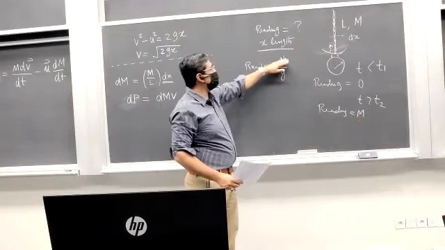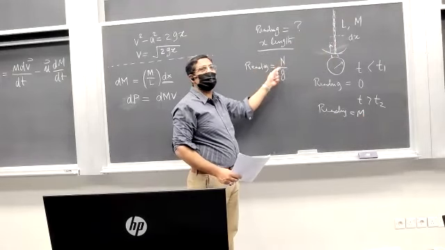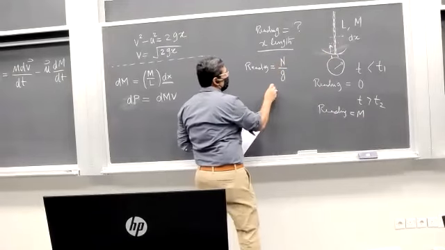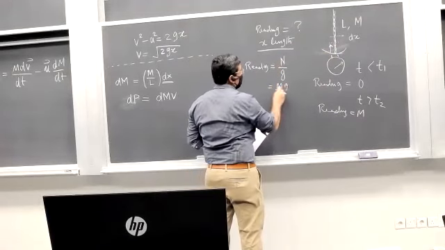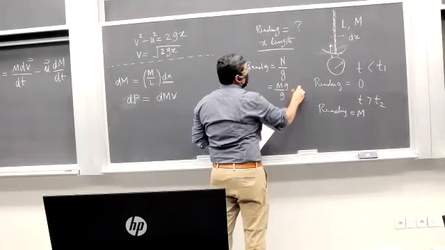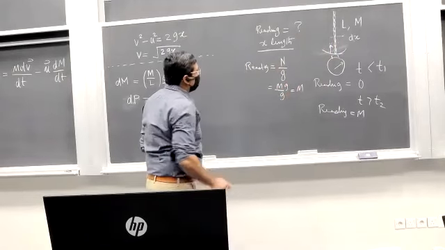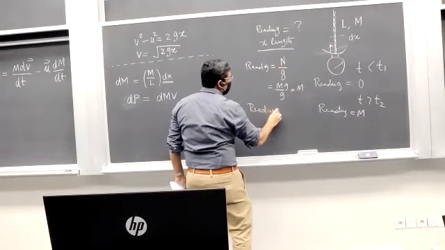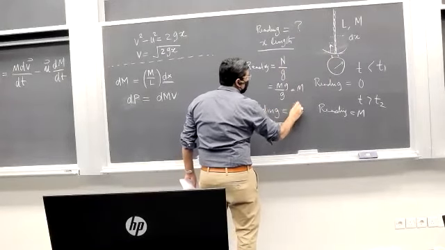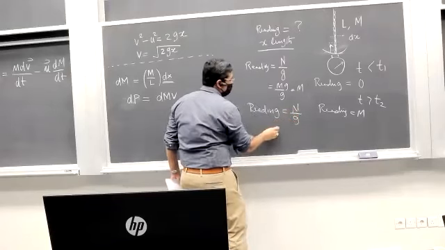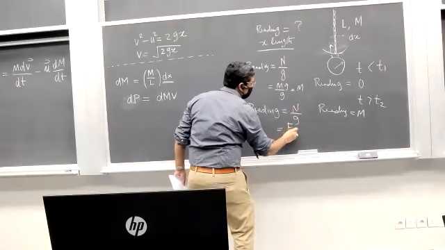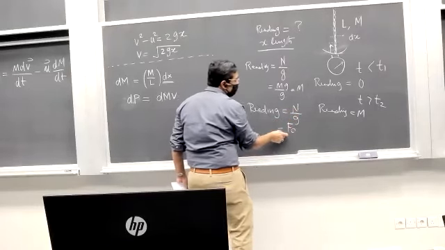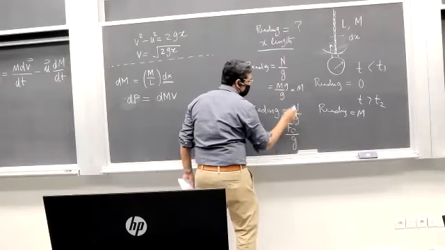So you plug in here mg, that's the normal force, and the reading becomes simply m. So what we are looking for in between situation is this thing, the normal force over g, and we know that the normal force is the force exerted by the chain on the scale divided by g.